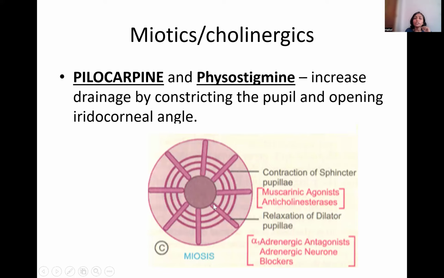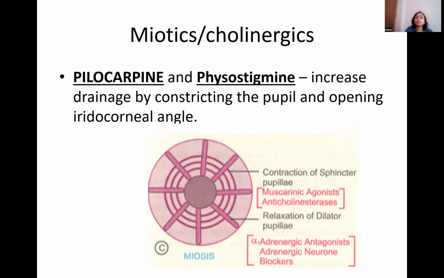Whereas the dilator pupillae will be relaxing. They don't have much action. Now, the opposite is mydriasis, where these radial muscles, the dilator pupillae muscles, which are like the spokes of a wheel, will pull outward. They contract in order to increase the size, as in the opposite case.